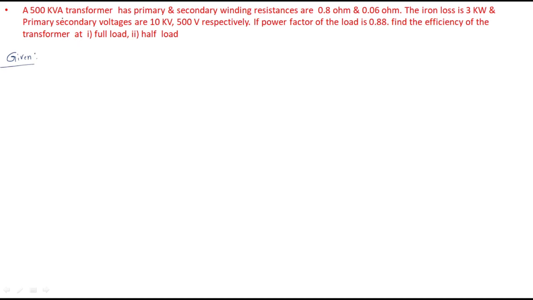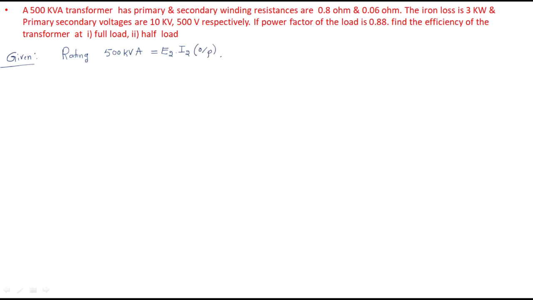The 500 kVA means it's the given rating. If given in kVA, that is the rating, or the output of the transformer. We can write E2 into I2 or E1 I1, but E2 into I2 is just the output.